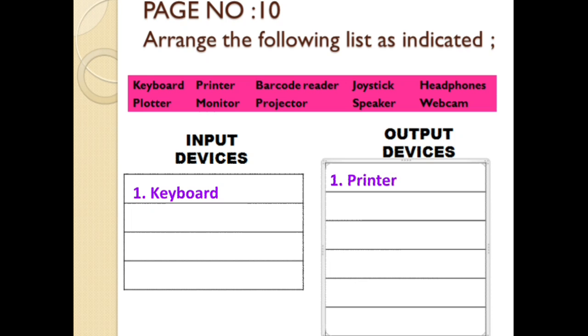The next one, barcode reader. It will read the code. That means what type of item, what the code of the item is, and what the rate of the item is can be read by the barcode reader. So it is an input device. The next one is joystick.